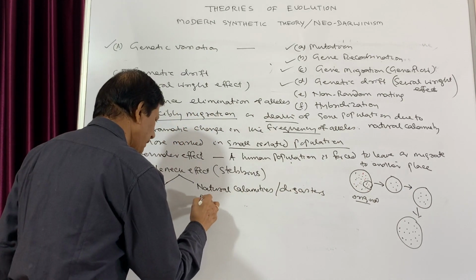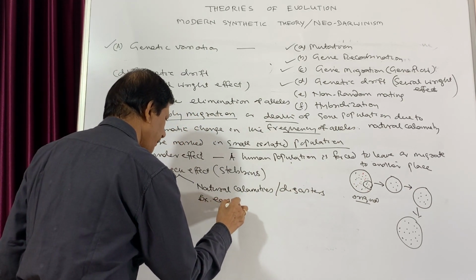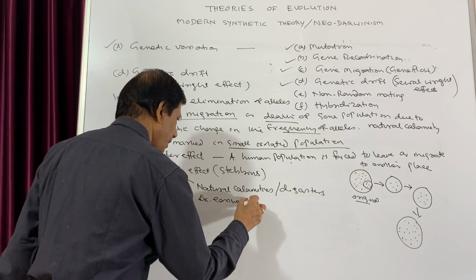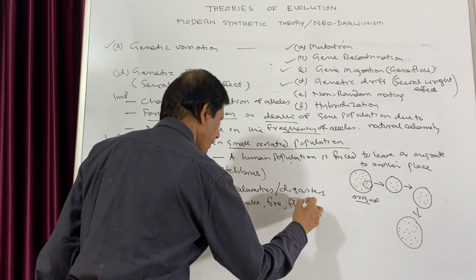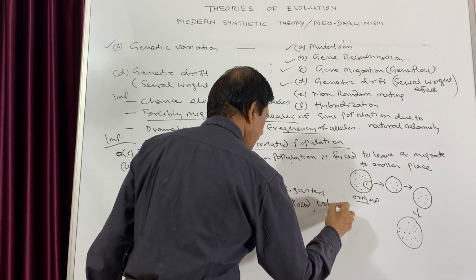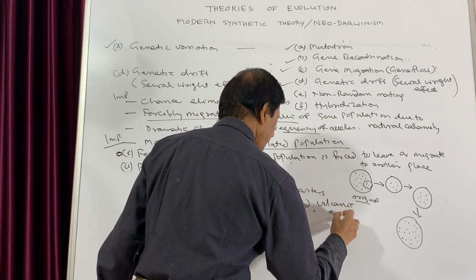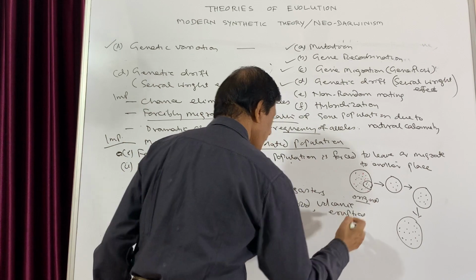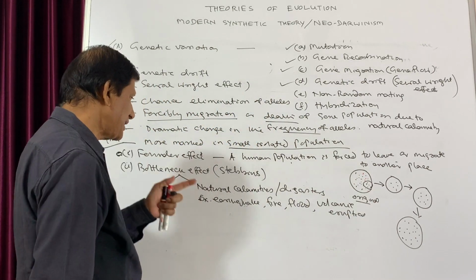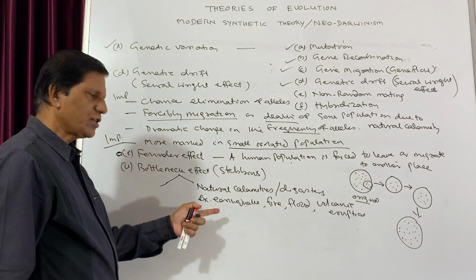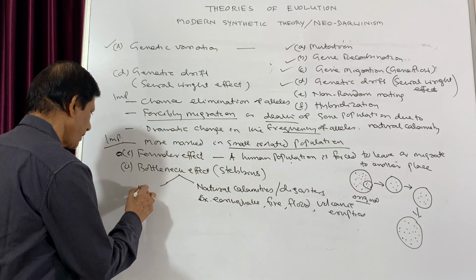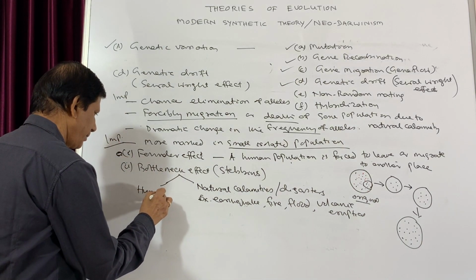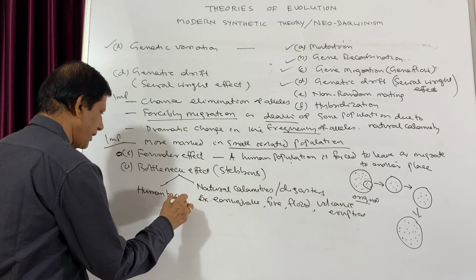For example, what are the examples? Earthquake, fire, flood, volcanic eruption. All these are natural calamities. Now, besides these natural calamities, sometimes the bottleneck effect is also caused by human beings, and particularly nowadays.